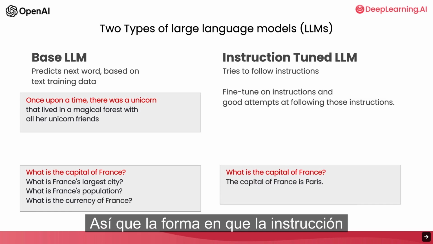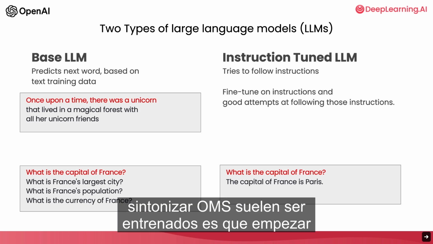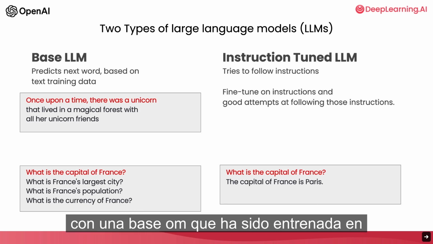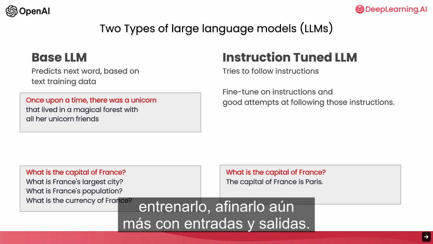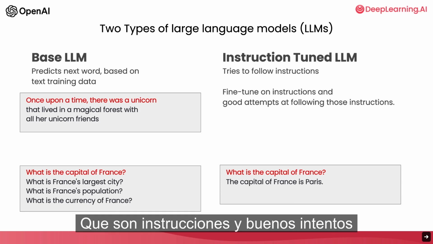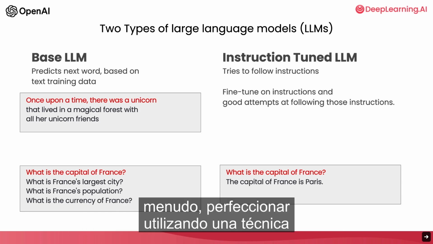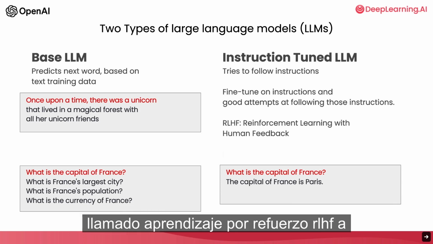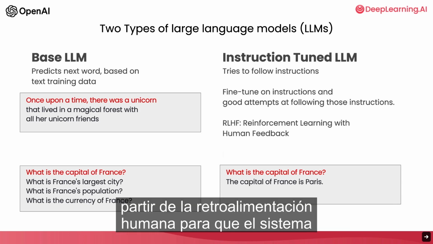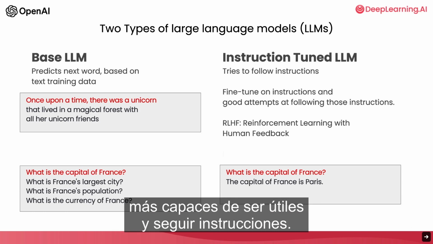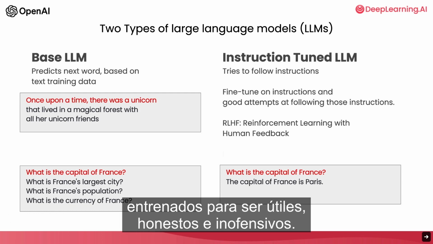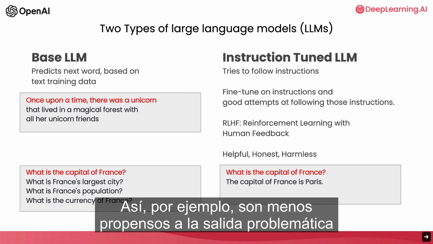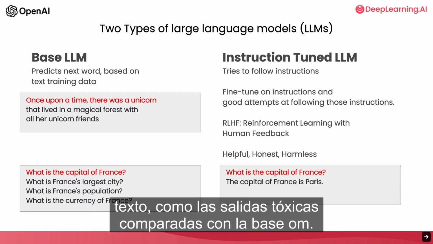The way that instruction-tuned LLMs are typically trained is you start off with a base LLM that's been trained on a huge amount of text data and further fine-tune it with inputs and outputs that are instructions and good attempts to follow those instructions, and then often further refine using a technique called RLHF, reinforcement learning from human feedback, to make the system better able to be helpful and follow instructions. Because instruction-tuned LLMs have been trained to be helpful, honest, and harmless, they're less likely to output problematic text, such as toxic outputs, compared to a base LLM.